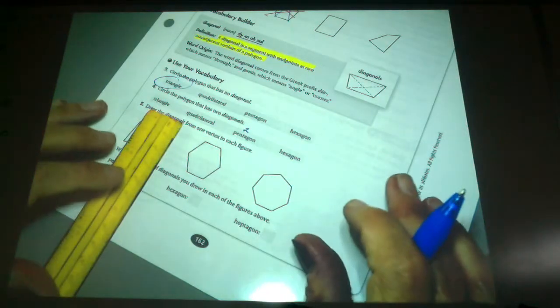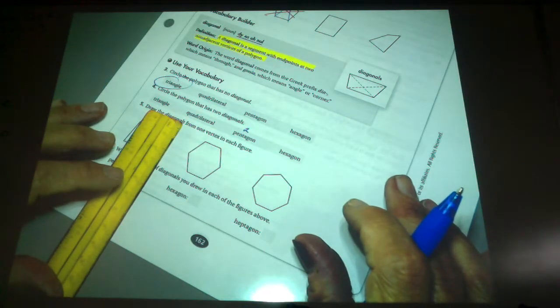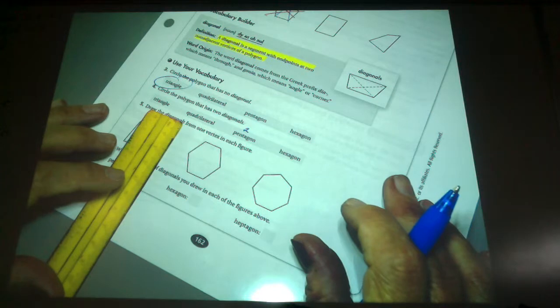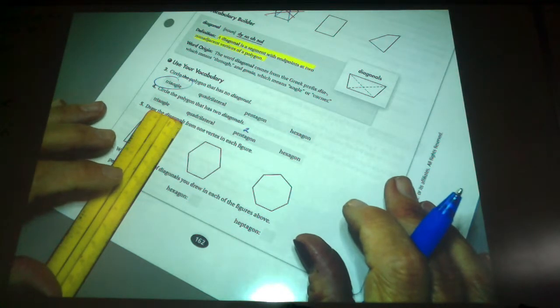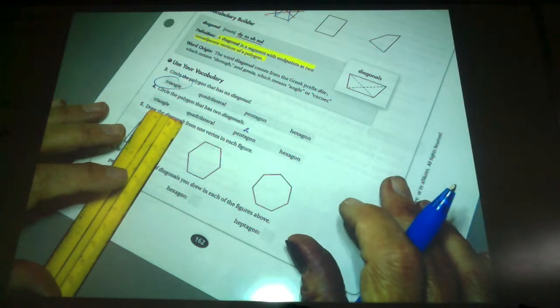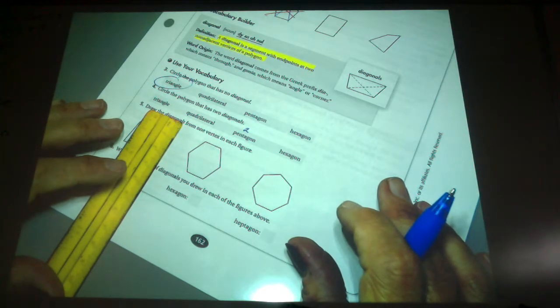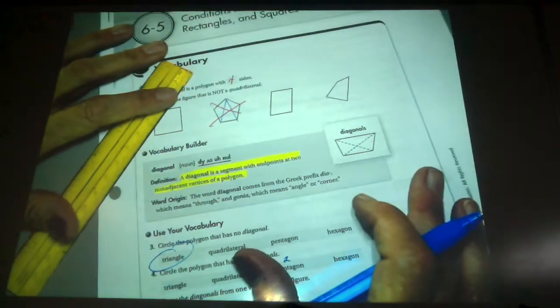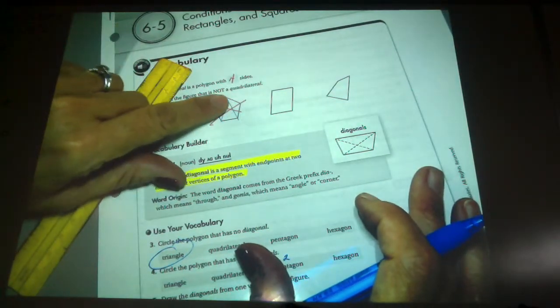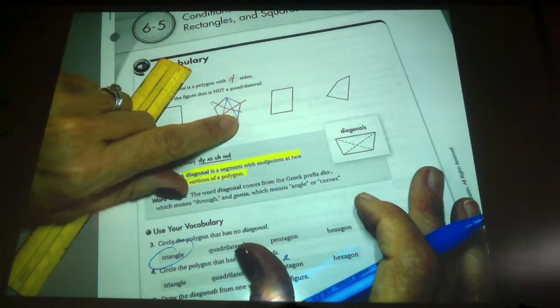Let's look at the hexagon. There's a diagonal, it depends on how you look at it. So we're going to look at it that all are diagonals. Because normally we'll go just from one vertex out and see how many we can create.